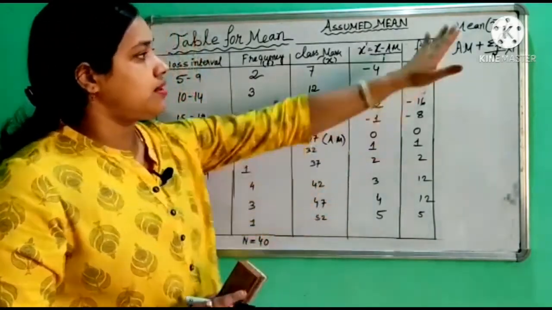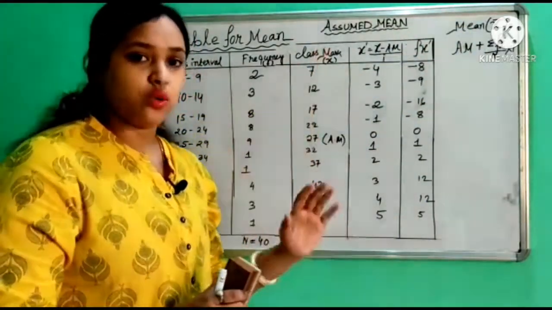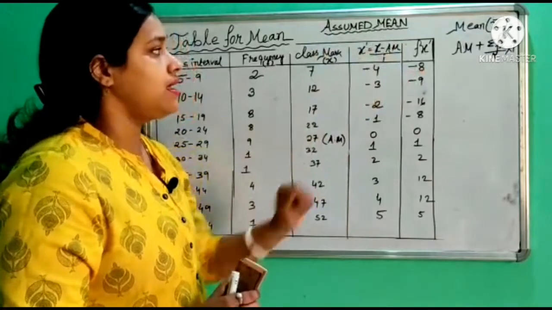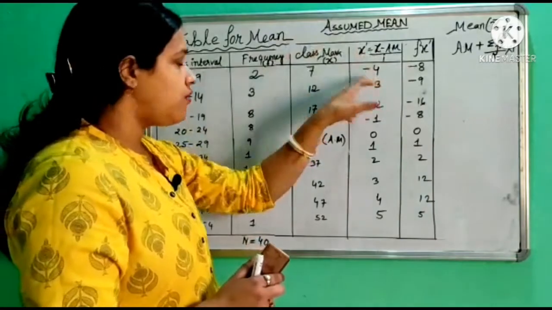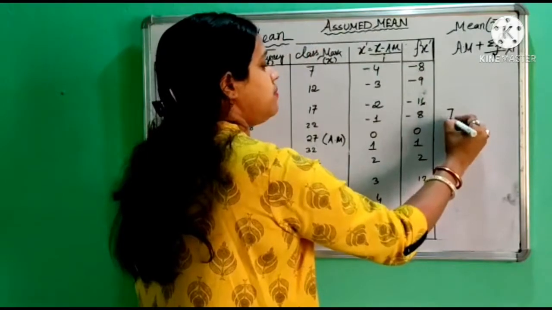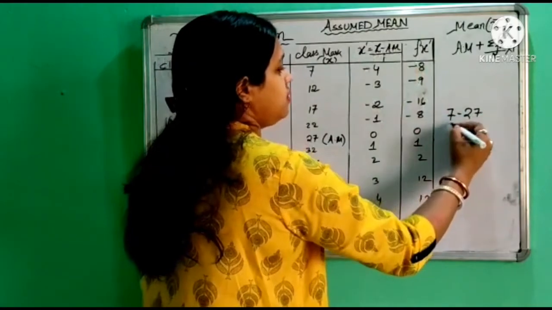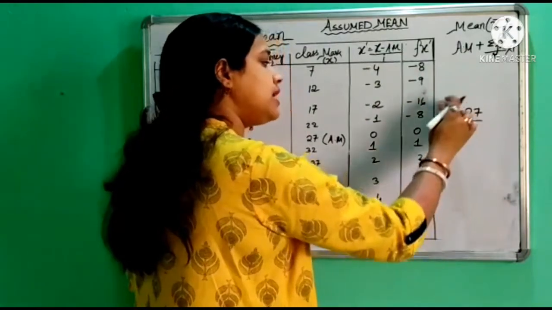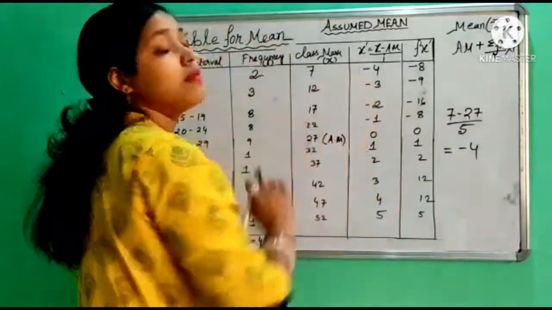Now we proceed with our calculation. The class mark is very easy to calculate, you know well. Now x dash, x minus AM, divided by I. I am giving you an example for the first class. Here x is 7, minus assumed mean 27, divided by I, which is 5. After that calculation we find minus 4.